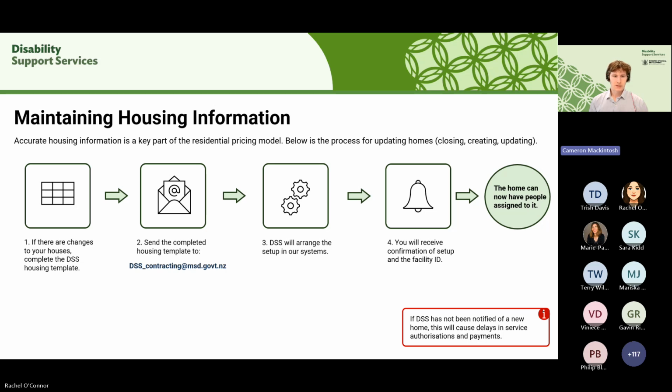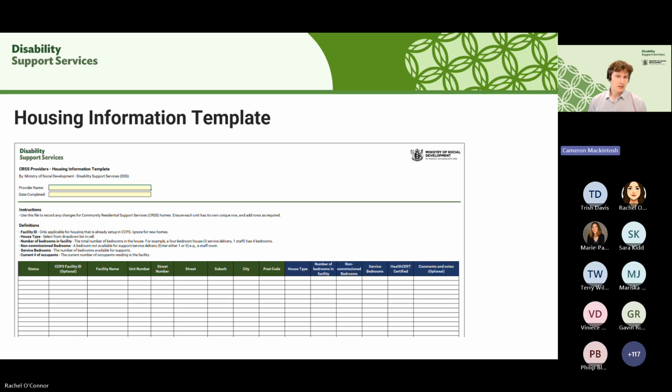So if we look at the template on the next slide, this is what it looks like. For the incumbent providers, this should look somewhat familiar. This was a spreadsheet we sent out earlier this year. For the new ones, it's nothing too groundbreaking. I didn't have to spend too much time on the design.